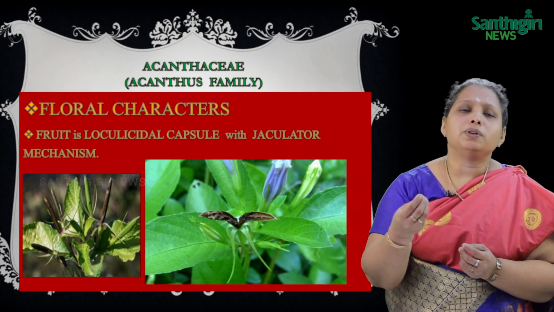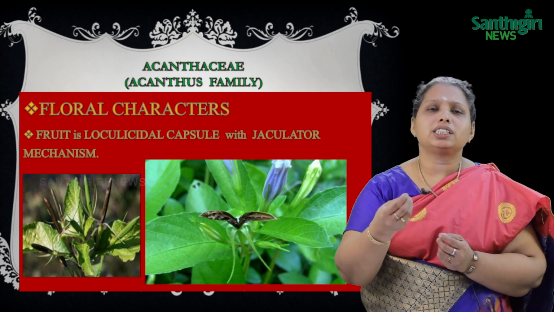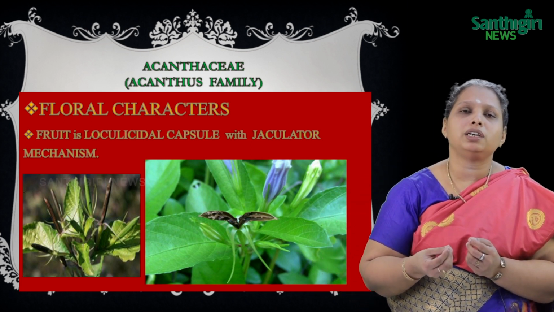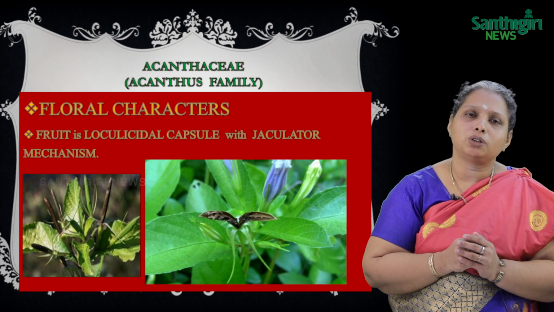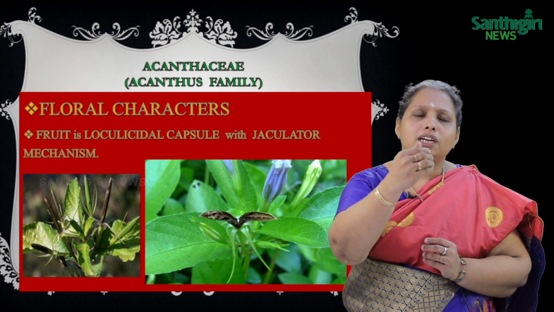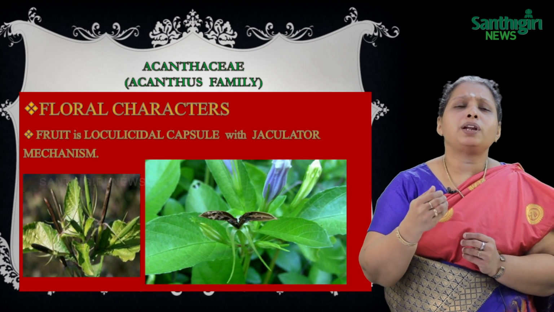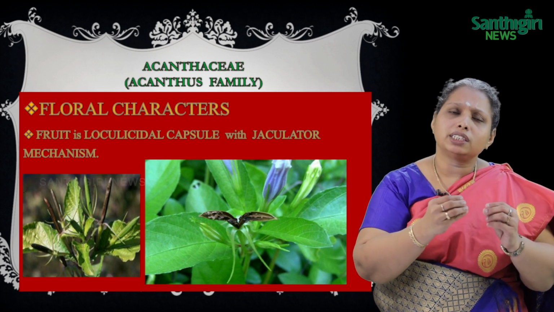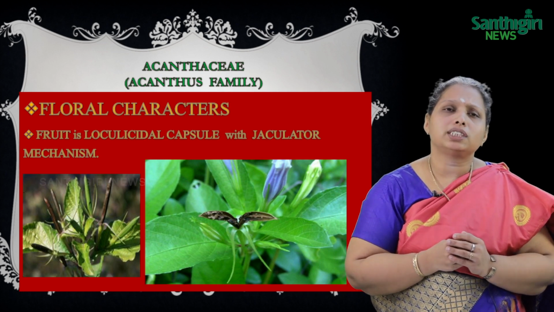Next, a very important point regarding the quadrangular stem. The next characteristic feature is based on leaves: cystoliths are present, calcium carbonate crystals in a bunch of grape-like arrangement. That is called a cystolith. Among floral characters, bracts and bracteoles are well developed, but variations are found in calyx, corolla and inflorescence characters.